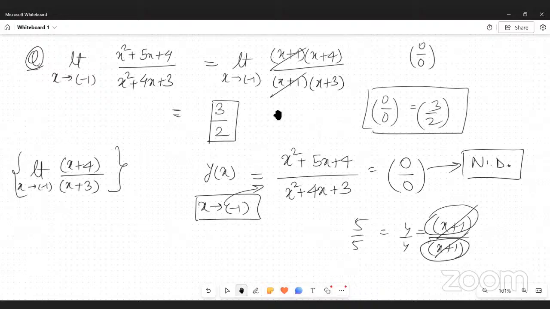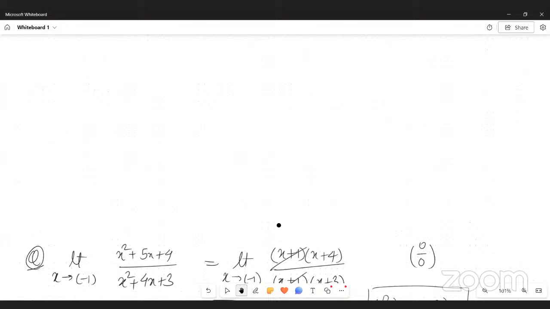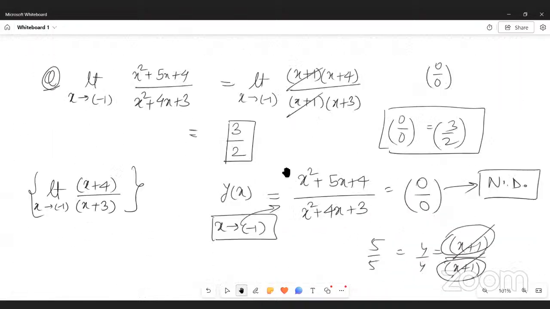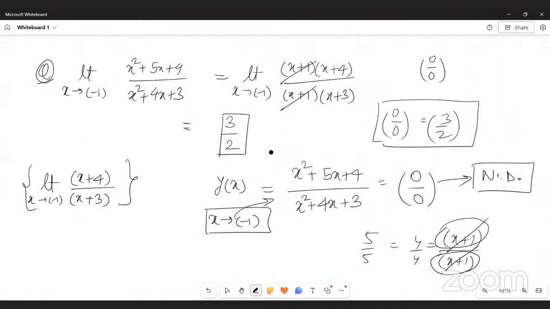No doubt, it is clear. It also was cleared, sir, how we got (x minus 1) whole square. Great, so we can move ahead. Is this problem clear to you? Yes, sir.